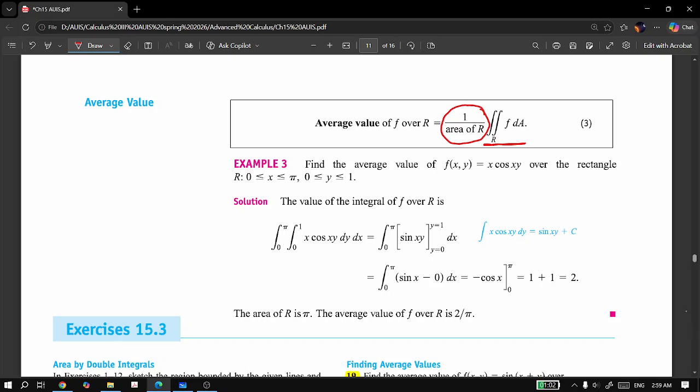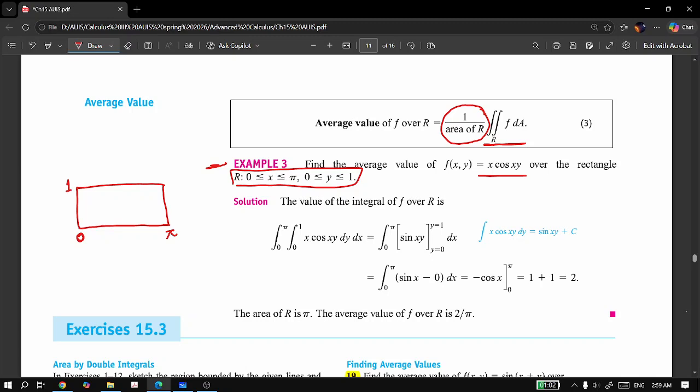Here we have got example 3. It says find the average value of f of xy, that's x cosine xy, over the rectangular region, this one. This rectangular region, we have got a rectangle like that, starting from 0 to pi for the x-axis, and for y starting from 0 to 1.